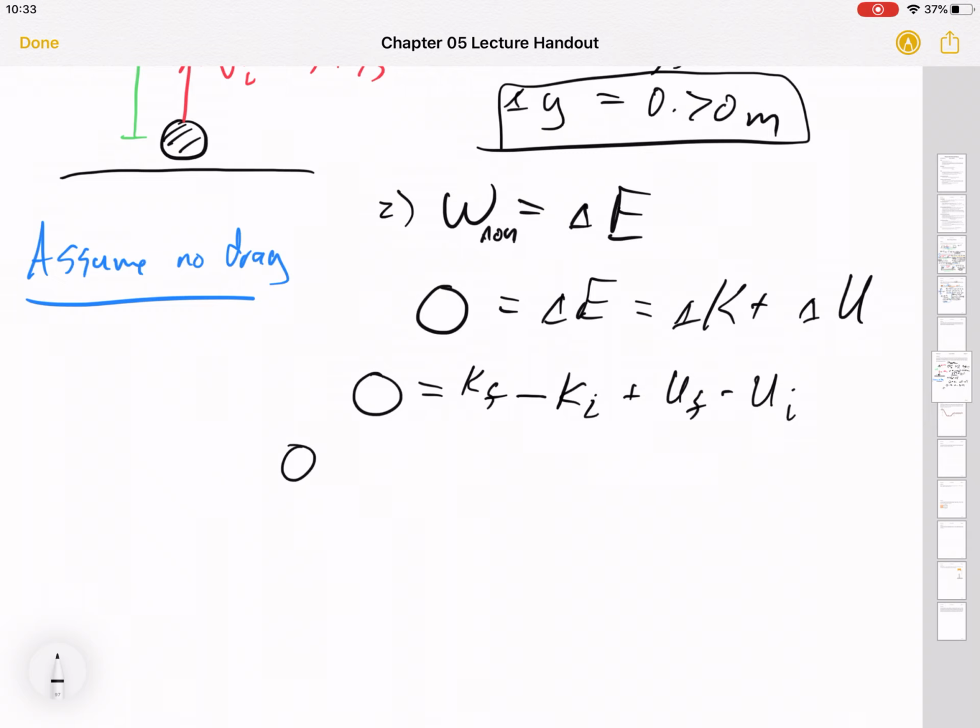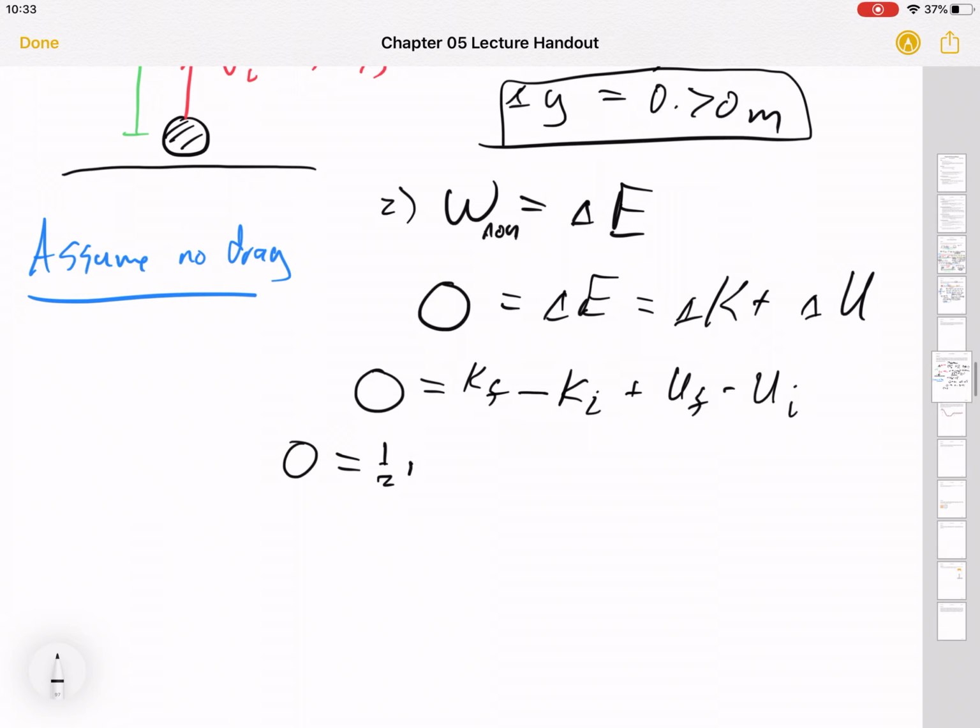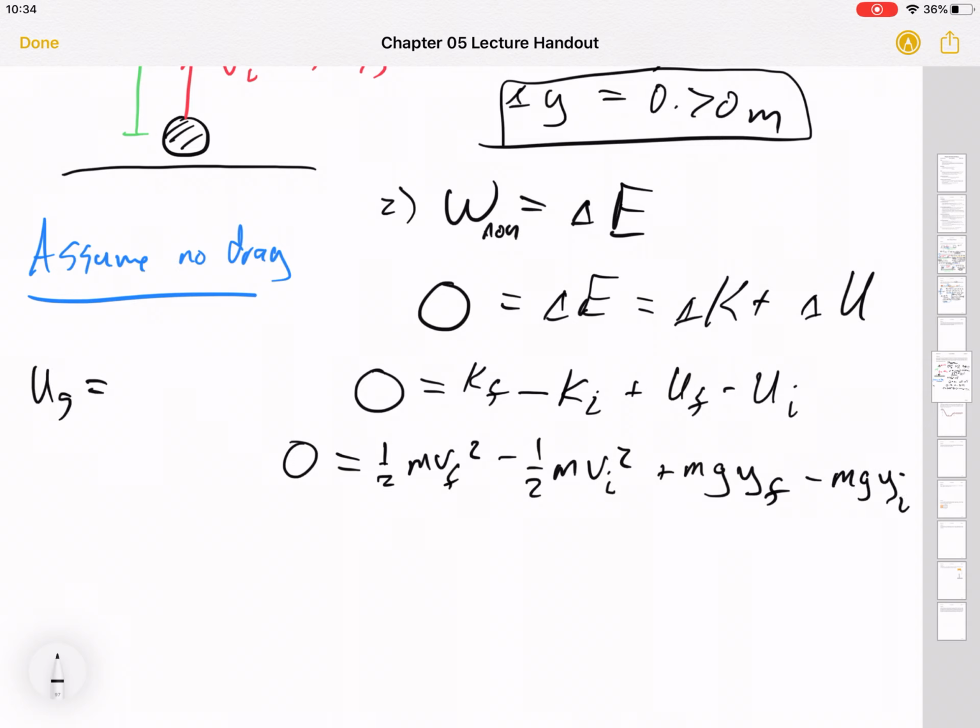So we can fill this out: half m v final squared minus half m v initial squared plus m g y final minus m g y initial. Remember, U sub g is mgy. Sometimes we call this mgh for height. Just know that height and y are the same thing.